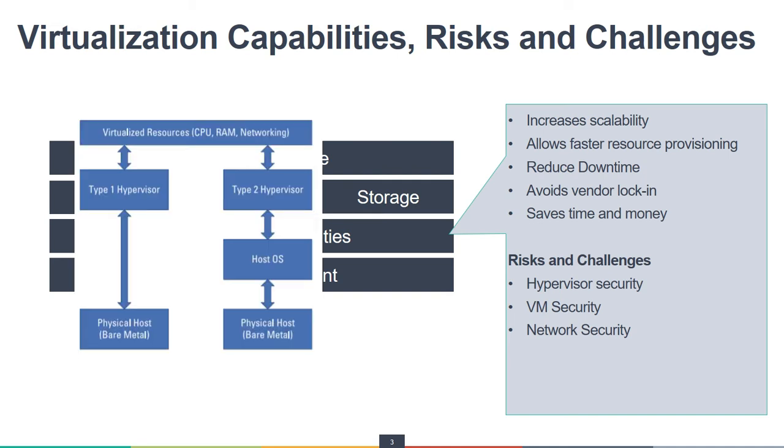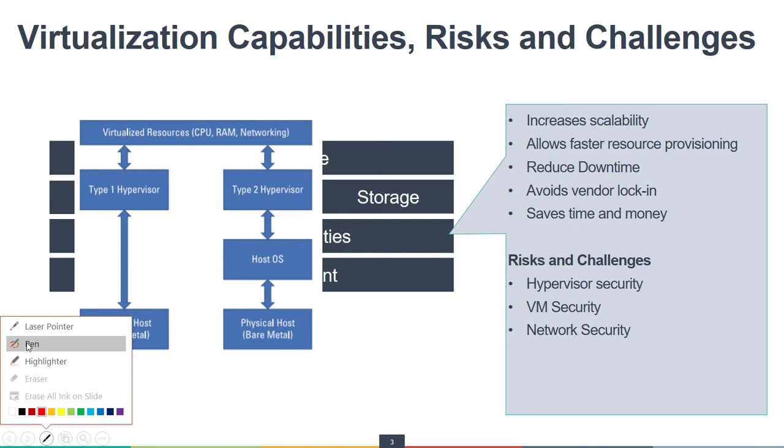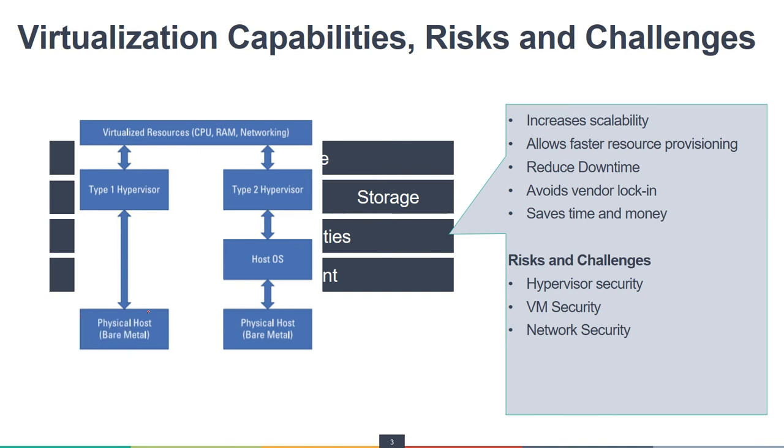There are two types of hypervisor, type 1 and type 2. In type 1, we have a bare metal server with the hypervisor directly installed on top of it, and then we have the virtualized resources running on top of the hypervisor.